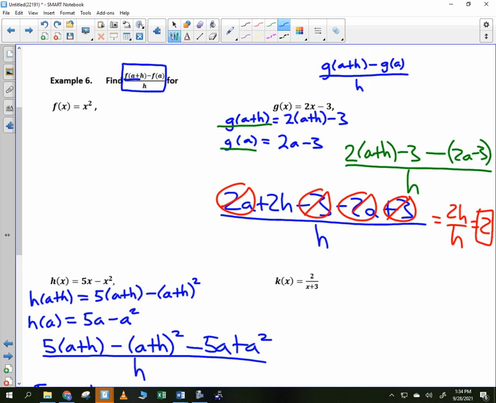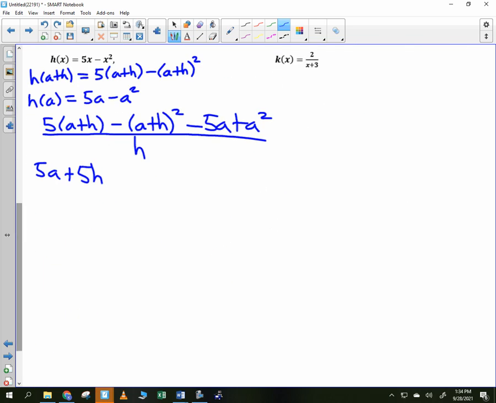So do you remember when we did this? When we expand this, you get a squared plus 2ah plus h squared, because you have to take it and multiply it by itself. Minus a squared minus 5a plus a squared.